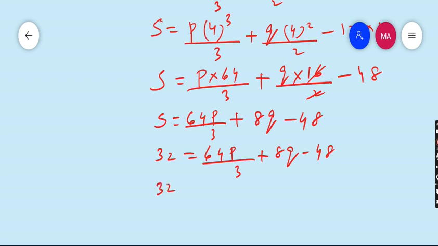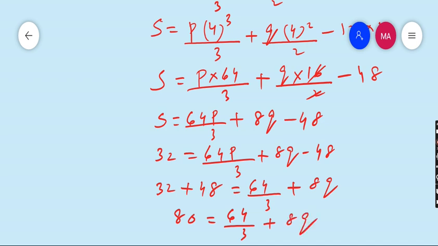So 32 plus 48 is equal to 64p upon 3 plus 8q. 32 plus 48 is 80. So 80 is equal to 64p upon 3 plus 8q.